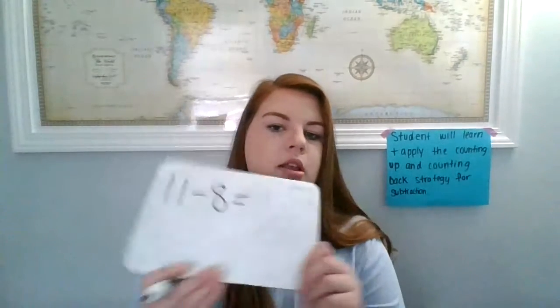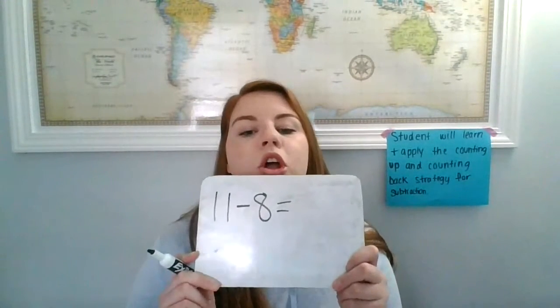So I'm going to give you some subtraction problems, and we're going to decide if we should count up or count back and which one would make more sense. So the first question I'm going to ask is 11 minus 8. Here it is, 11 minus 8.